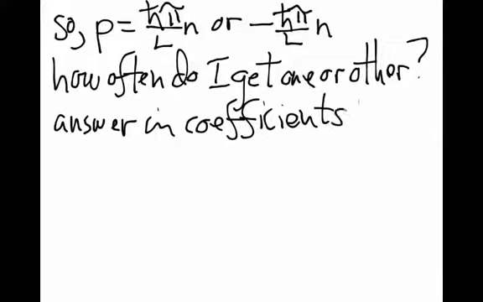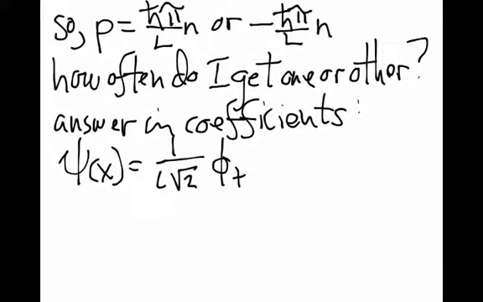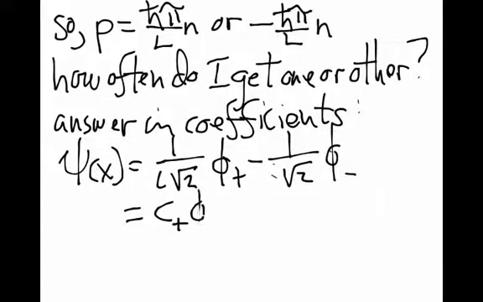And the answer is in those coefficients in front of the functions. Remember, we made sure that the wave function was properly normalized. So psi of x is equal to 1 over root 2 times i phi plus, minus 1 over root 2 times i phi minus, and those 1 over i root 2's are coefficients.